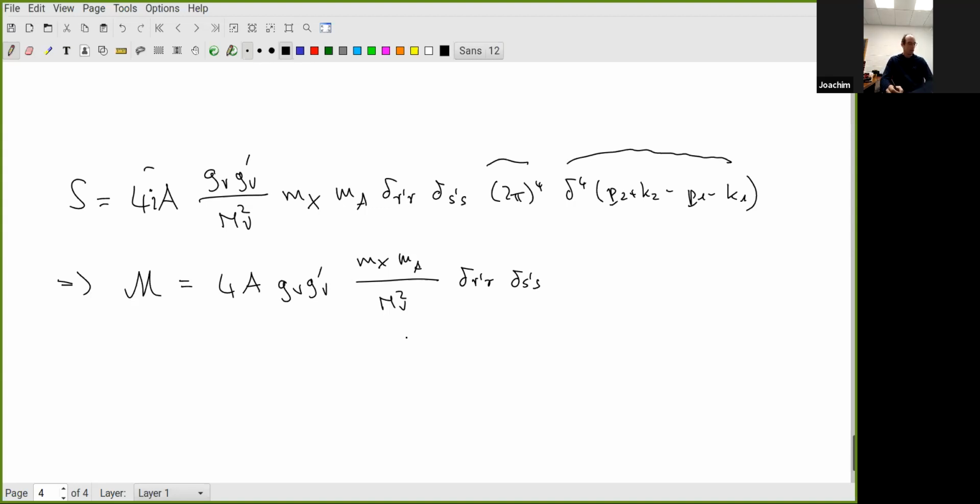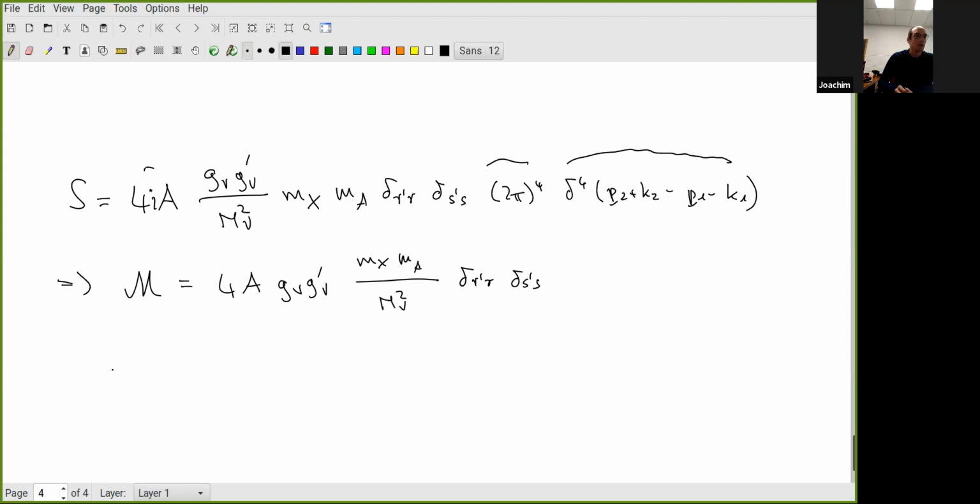You see it has a very simple form. And in order to get the cross section, we just need to square this thing, and then we need to sum over all the spins. More precisely, we need to sum over the spins in the final state, because dark matter experiments don't measure these spins separately, and we need to average over the spins in the initial states because we don't know them.